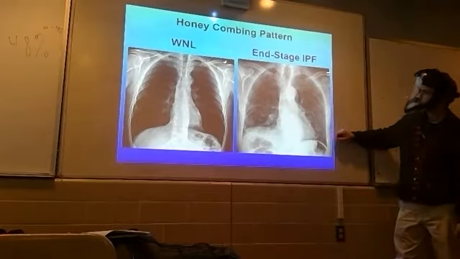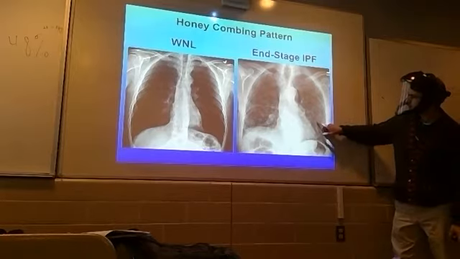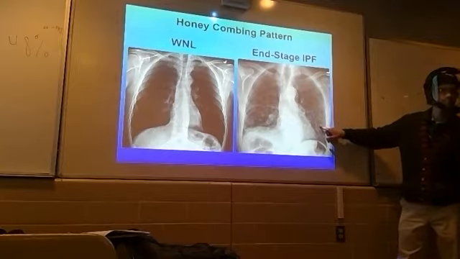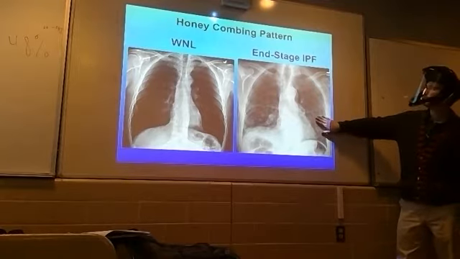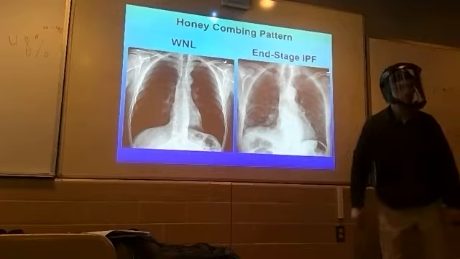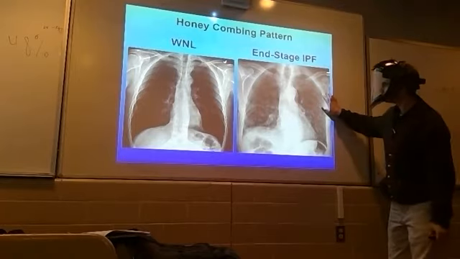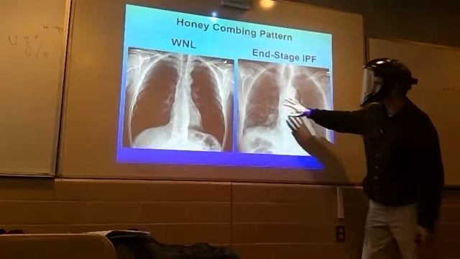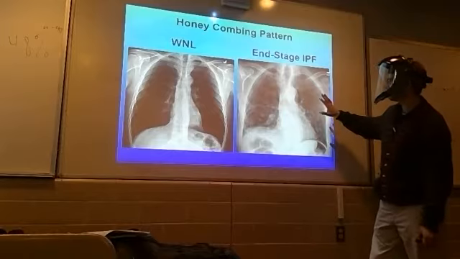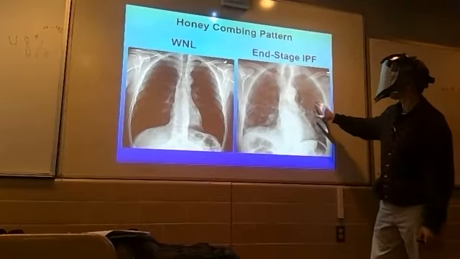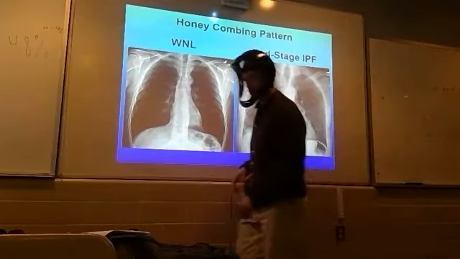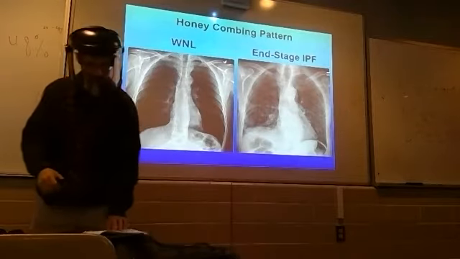If you look carefully, you'll see these lines in some cases make a honeycomb pattern. This is called honeycombing. Honeycombing is another word that refers to interstitial disease. Very extensive interstitial scarring here. Now, this person probably has a significant reduction in the forced vital capacity, and it's because of all that scarring.